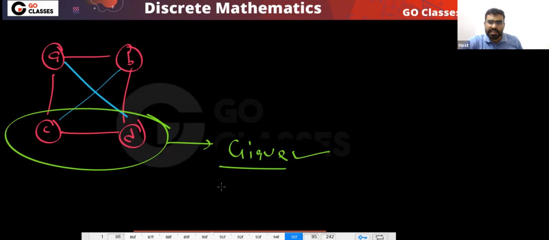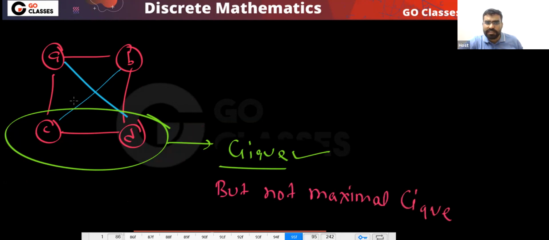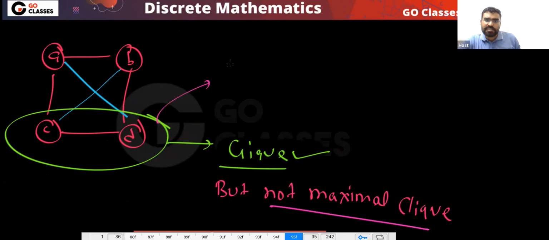So I can say this is a clique, but not a maximal clique. Why is this not a maximal clique? Because this is contained in another larger complete subgraph. Is this clear to everyone now? Please tell me.